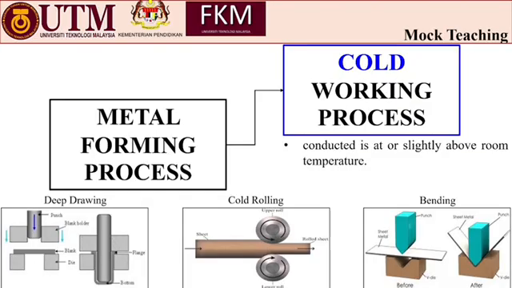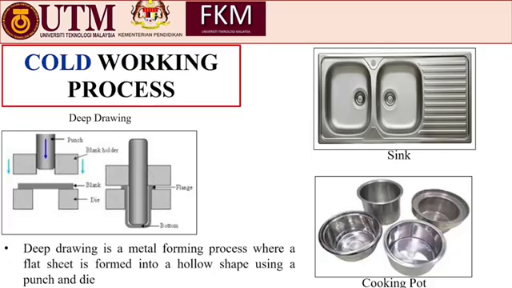Next we go to the cold working process. Just like I said just now, for the cold working process, the whole process will be conducted at or slightly above room temperature. Examples of cold working process are deep drawing, cold rolling and bending. First we go to the deep drawing process. What is deep drawing?